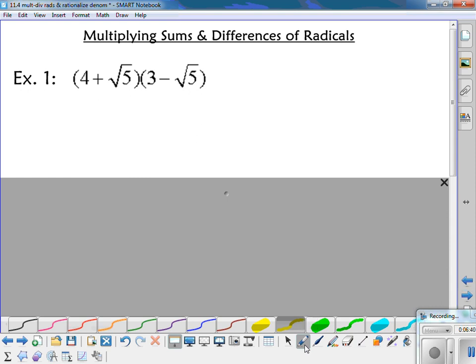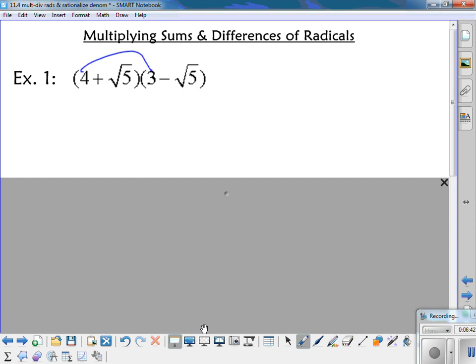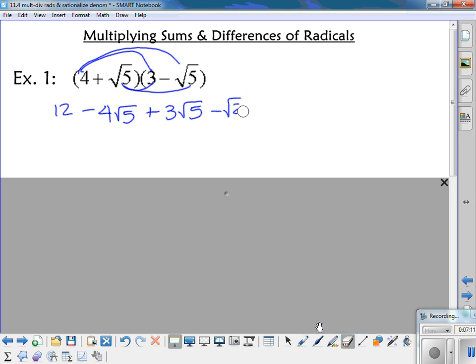So I've got the 4 times the 3, that gives me 12. 4 times negative root 5, I get negative 4 root 5. Then 3 times root 5, I get positive 3 root 5. And then root 5 times negative root 5, I get negative root 25, right? What is the square root of 25? 5. So I'm going to go ahead and just write it as a 5 there.